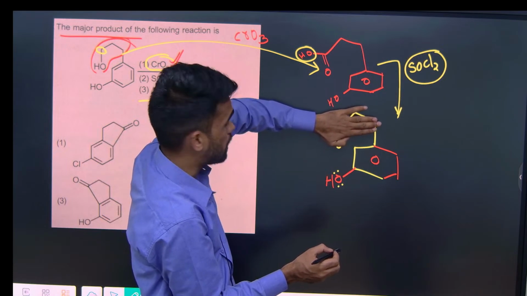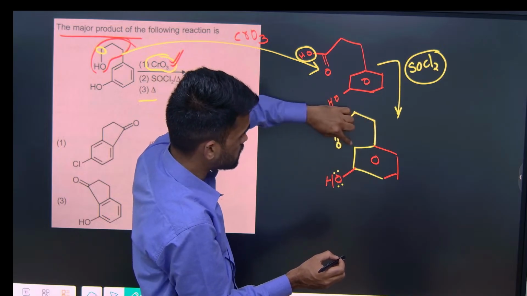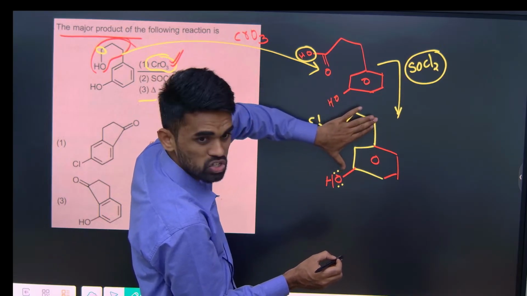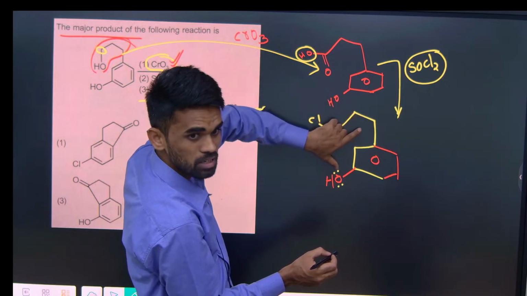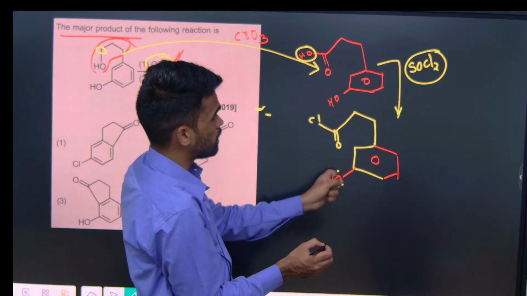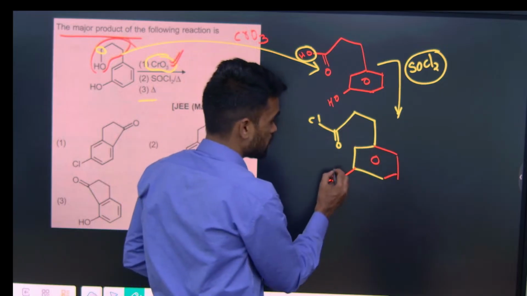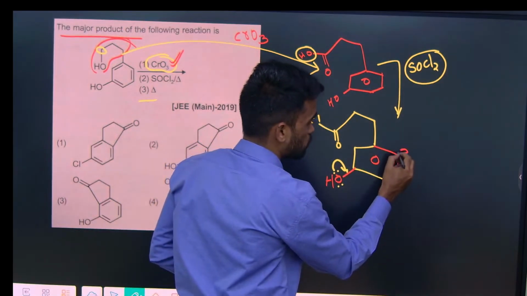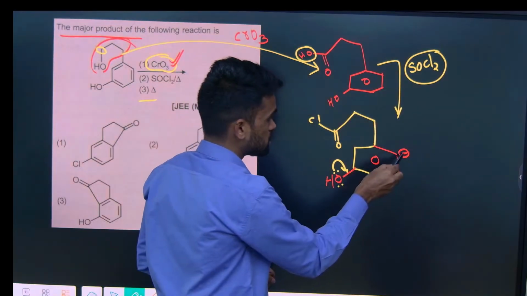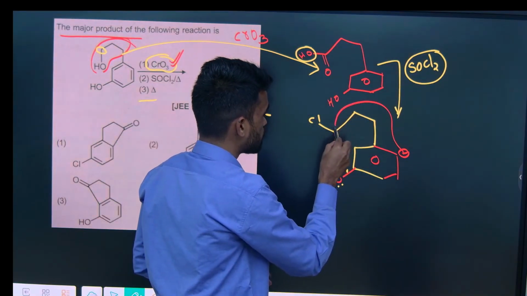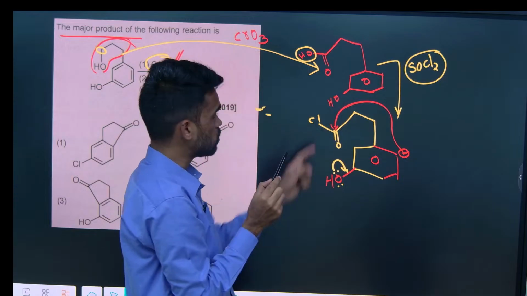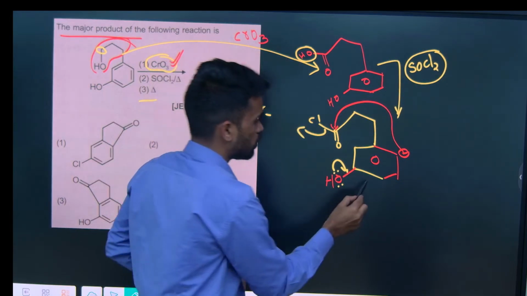At what positions will it activate? Ortho and para. See, if I do this at ortho, there is already a combination, so some groups are already there, and repulsions will be there. So we can make a reaction from this para position. So what I am saying is, it will activate the ring at this para position with a negative charge. So now this negative charge can attack on this side. Yes or no? So now chloride ion comes out, and you are going to get your final product.